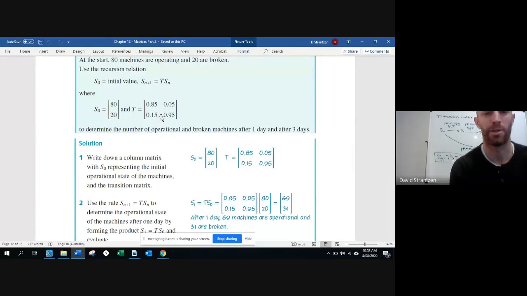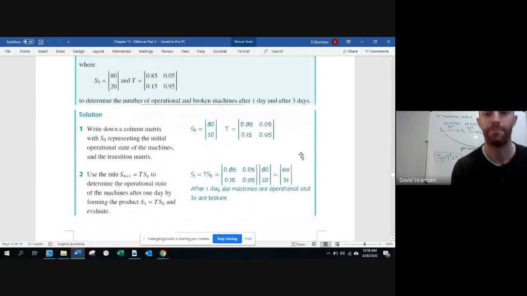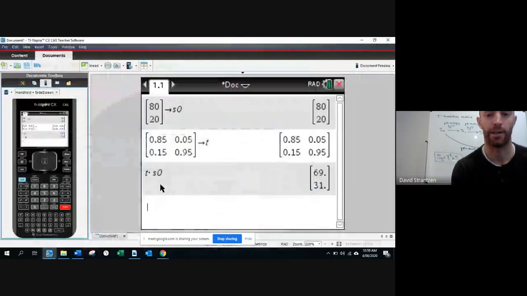So they're breaking more machines than they're fixing, which is probably not a good thing. So that's why after 1 day, compared to the initial breakdown, we've now got fewer operational machines and more broken machines, as we can see on the calculator.